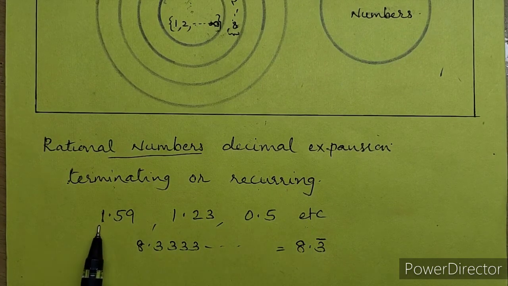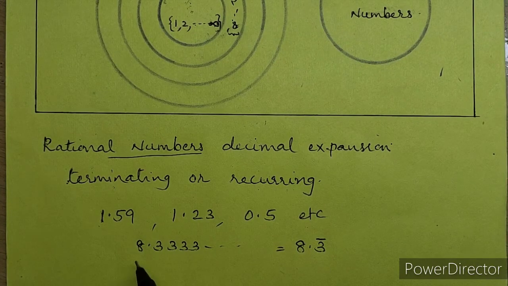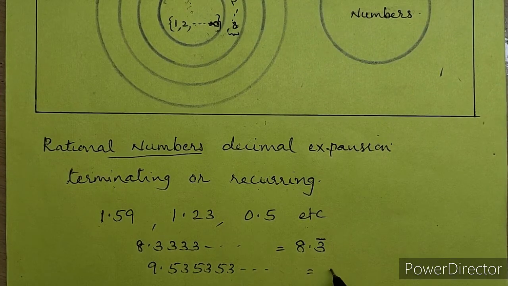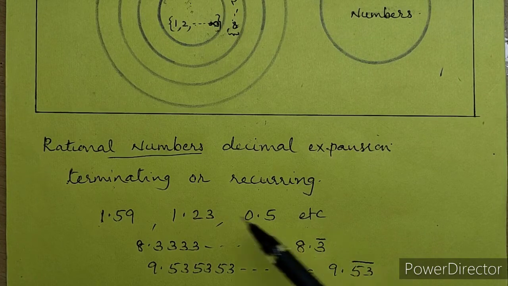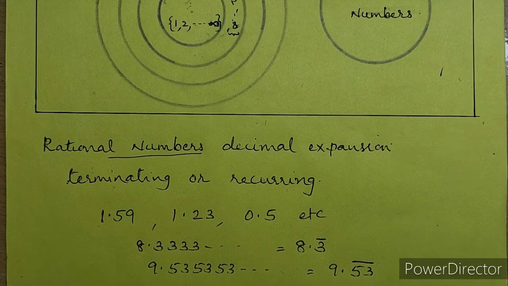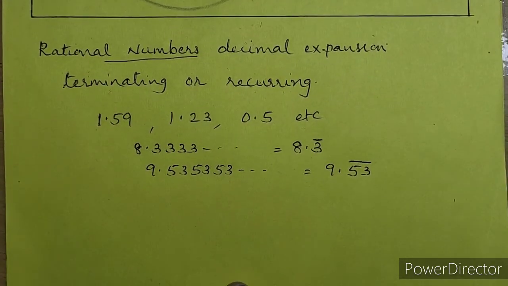Terminating examples are these numbers, and recurring are 8.333 or 9.535353, etc. In that case you have to put a bar on both 5 and 3 in 9.53, which represents 535353 repeating. So these are the decimal expansions of rational numbers. Next we will pass on to exercise 1.1.